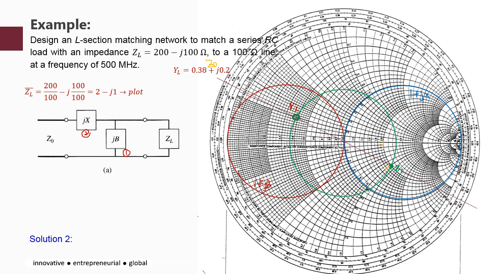Next, you need to match the YL position to the 1 plus jB circle. In order to do this, you have two solutions. The first one is to move this point up, maintaining the same real part 0.38, so it goes there.